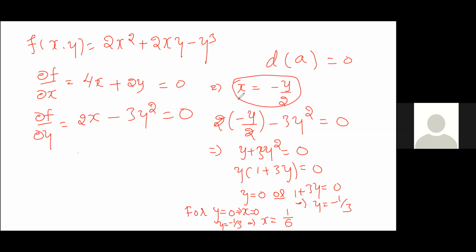Therefore, the stationary points are 0, 0 and 1 by 6, minus 1 by 3. Understood? These are the stationary points of the given function. Is it clear? Yes, sir. So then we can check which option is correct.